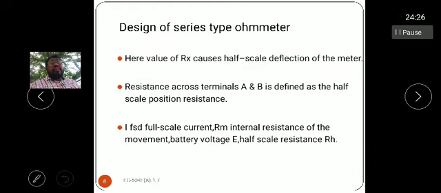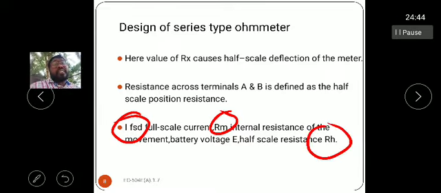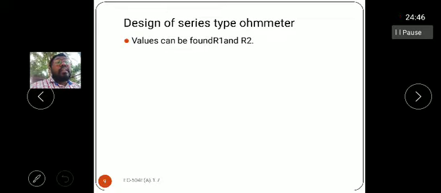IFSD is the full scale deflection current, RM is the internal resistance of the movement, E is the battery, and RH is the half scale resistance. Then R1 and R2 can be found with the help of this relation.